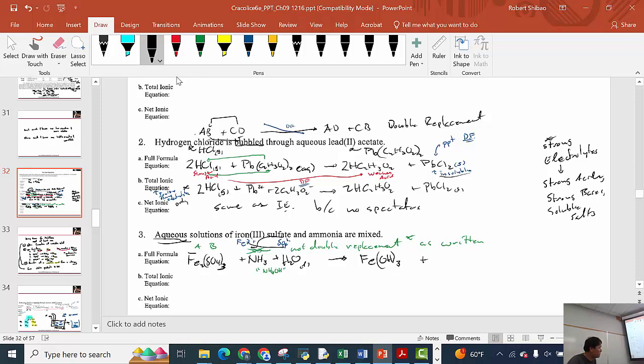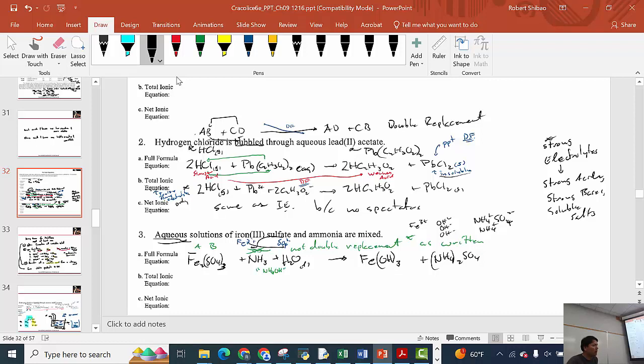NH4 twice with SO4, (NH4)2SO4. Iron 3 requires 3 hydroxides to balance out the charge. Ammonium is just a +1, but sulfate is a -2, so it requires 2 ammoniums to balance out the charge.